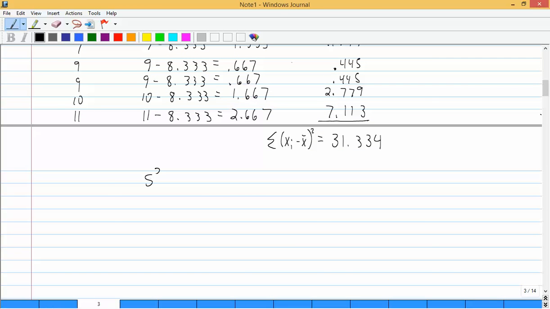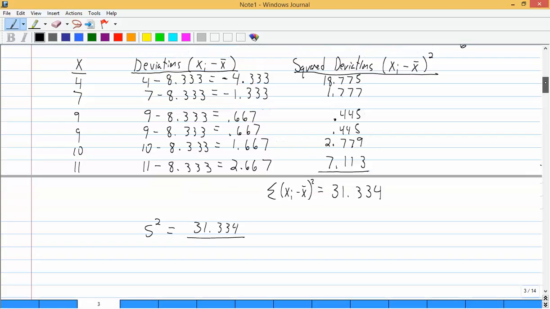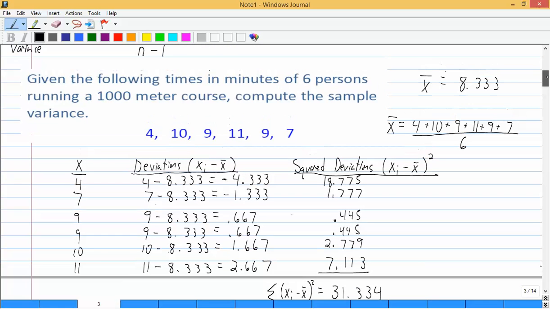So S squared, the sample variance, is equal to 31.334 divided by n minus 1. So the number of data items minus 1. Alright, so I had 6 data items.